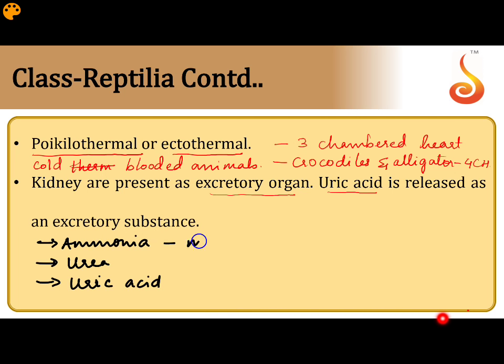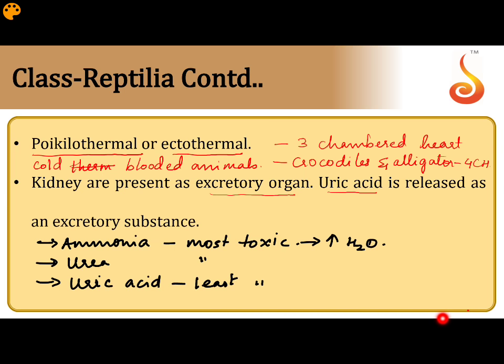Ammonia is the most toxic form. The least toxic is uric acid. Urea is intermediate. Since ammonia is so toxic, it requires a high amount of water. It has to be diffused out of the body immediately.